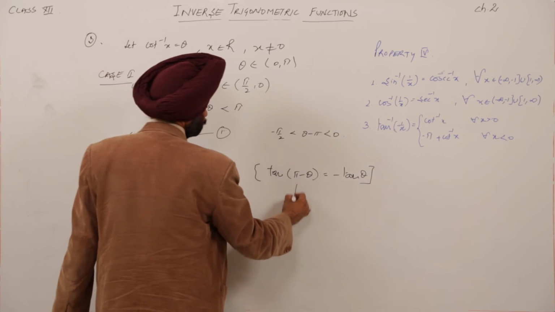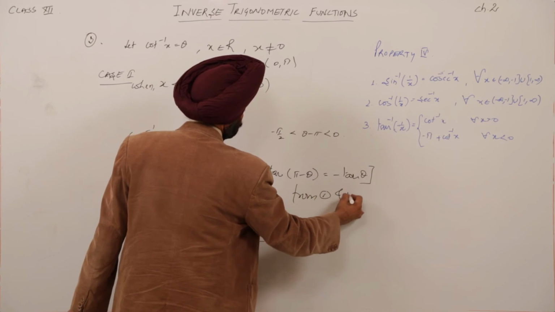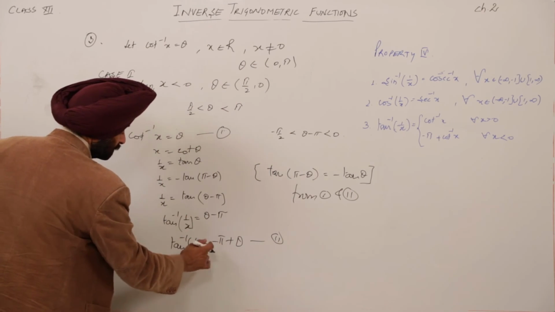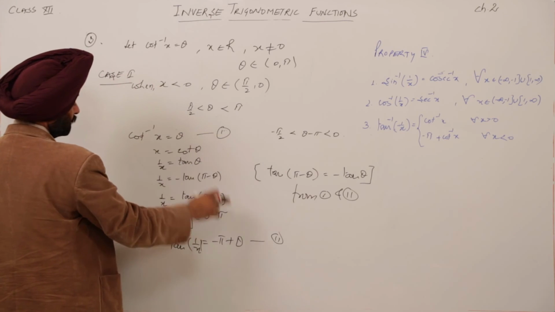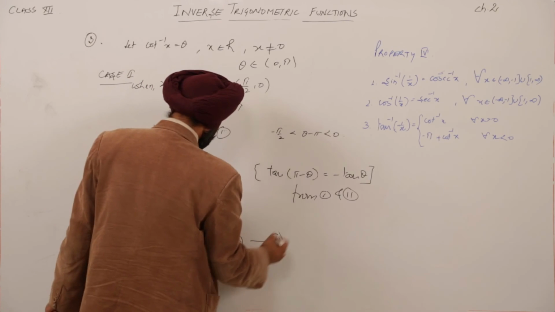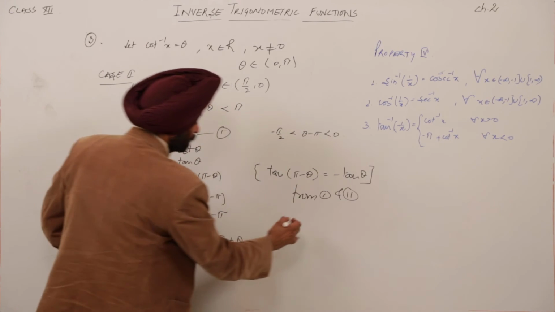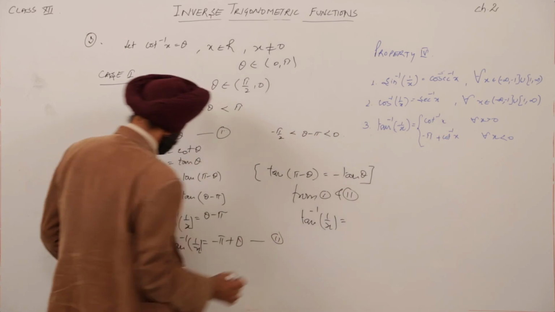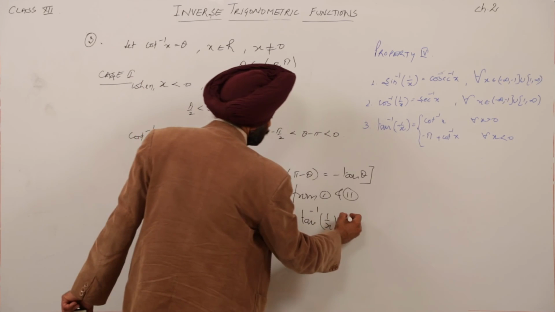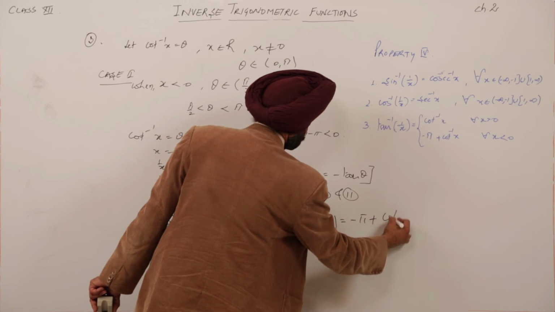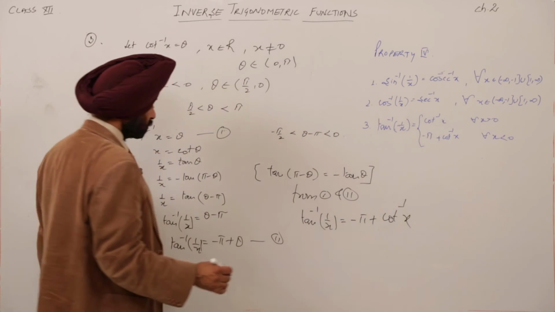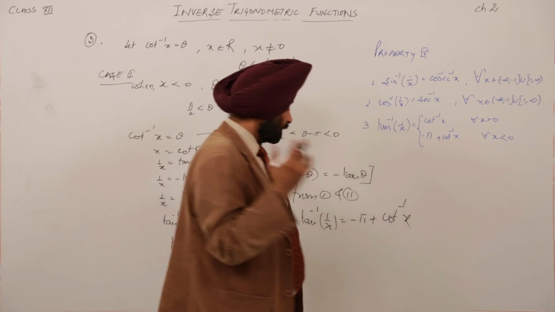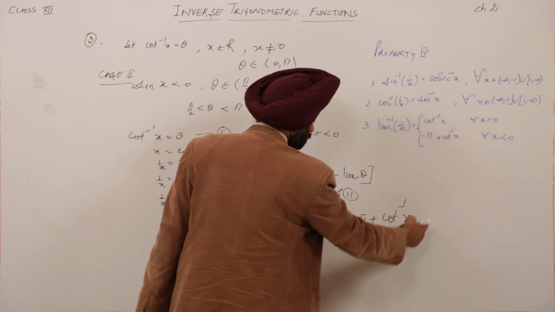Now from 1 and 2, tan inverse 1 upon x is equal to minus pi plus theta, and theta is cot inverse x. So we get tan inverse 1 upon x is equal to minus pi plus cot inverse x. So this was the second part when x is less than 0, and when x is greater than 0 you can directly check it moves to this part.